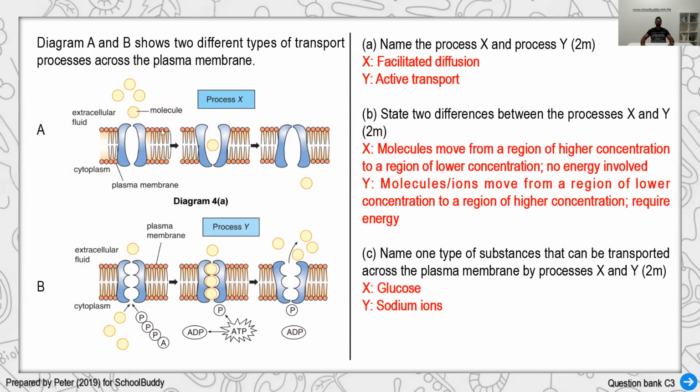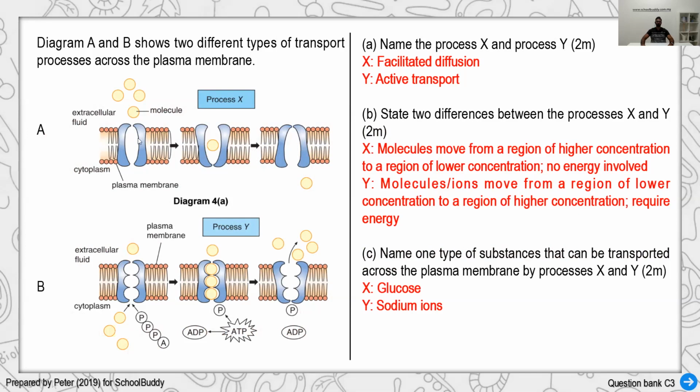Both have a phospholipid bilayer, and in this case we have some kind of protein. It looks like a carrier protein because when the substance is going through, there's a change of shape.